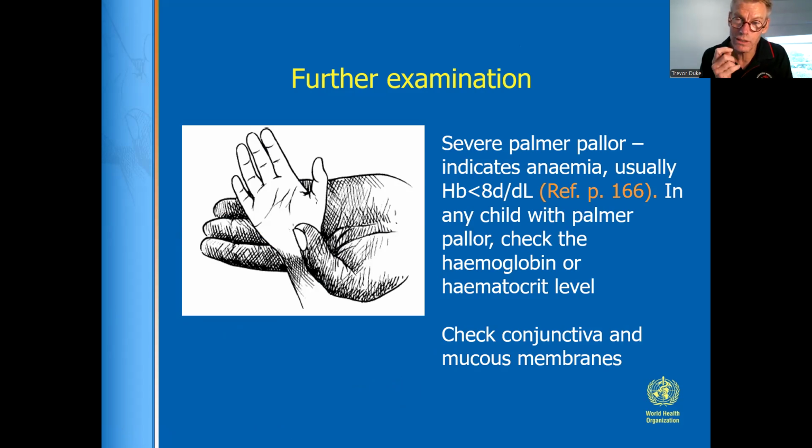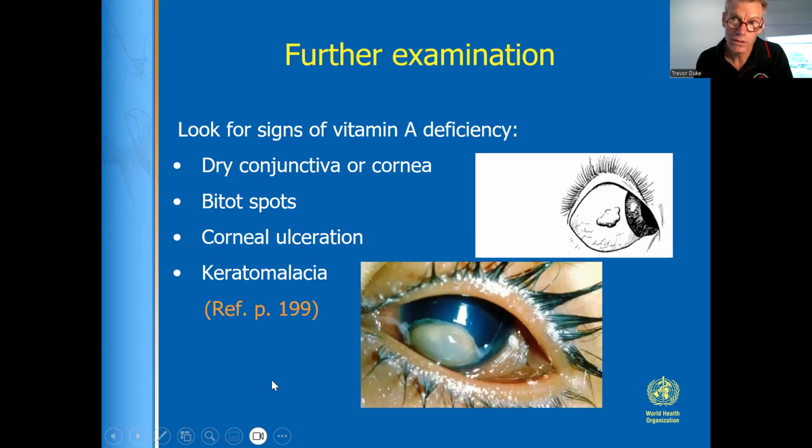You should also check their conjunctiva and their mucous membranes for pallor, obviously, especially in a child with malnutrition. And the eye signs of vitamin A deficiency, firstly, the conjunctiva become dry, and we know that Kobe had dry eyes. And then sometimes you get a softening of the cornea, and ulceration of the cornea.